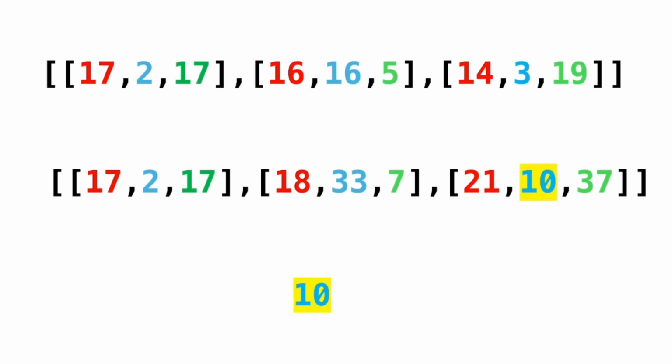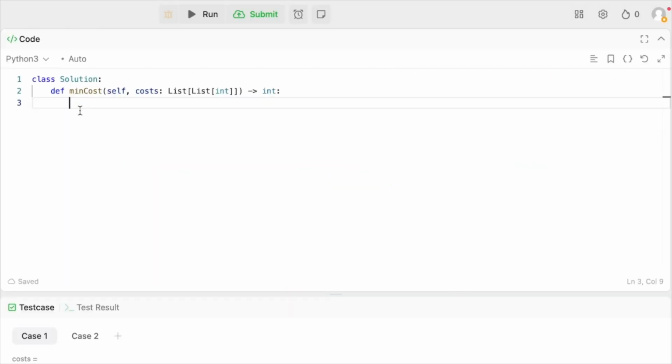I hope you like the approach. Now let's get into the implementation. As a first step, let's initialize the DP array and we will default all the values to 0. We always have 3 columns because we have 3 colors, and the number of rows equals the length of the cost list.